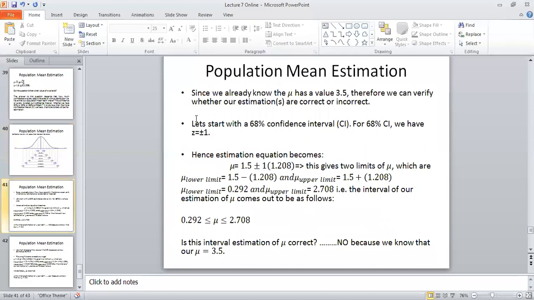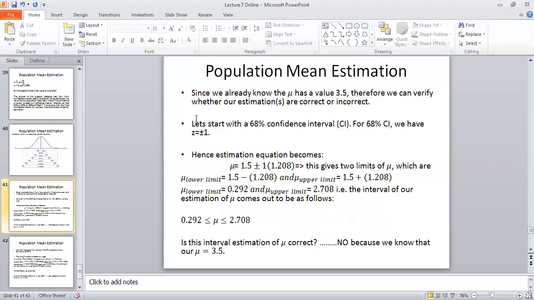So this means that I would be substituting 1 for the z value in this equation, and after doing some calculations we see that mu, which is the population mean, comes out to be 1.5 minus 1.208 to 1.5 plus 1.208. That means the interval of the population mean is between 0.292 and 2.708.